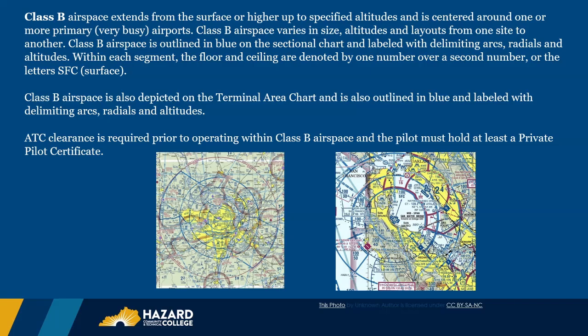Within each segment, the floor and ceiling are denoted by one number over a second number, or letters SFC, surface. Class B airspace is also depicted on the terminal area chart and is also outlined in blue and labeled with the delimiting arcs, radials, and altitudes.